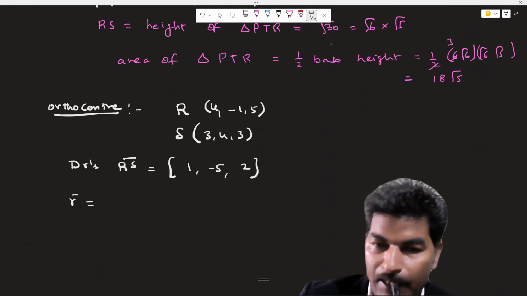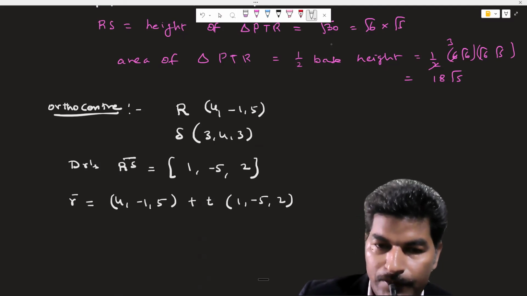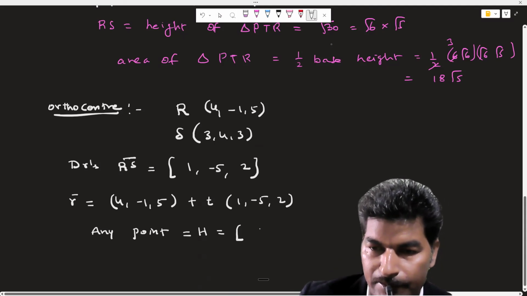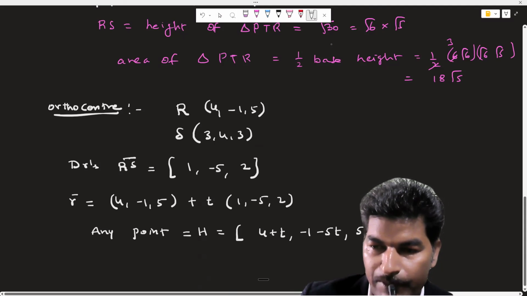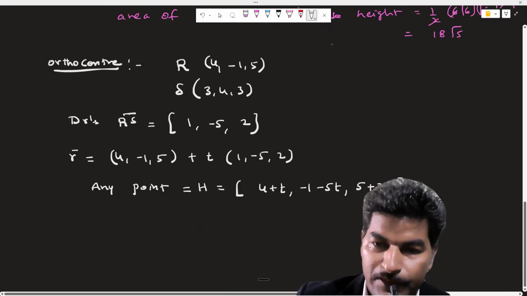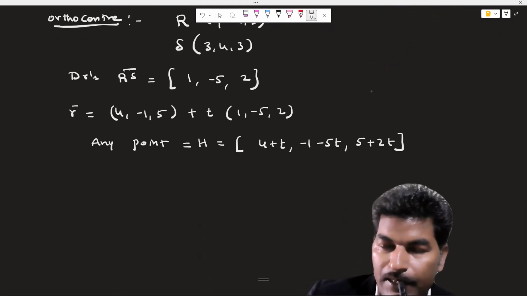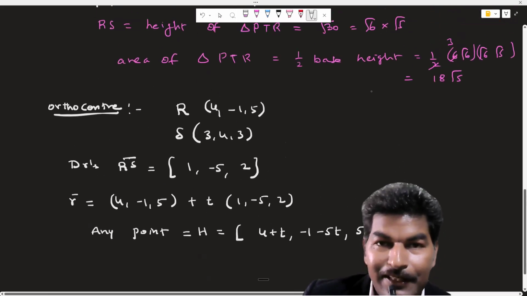The line equation of RS will be r equals (4, -1, 5) plus t times the DRs (1, -5, 2). So any point here, meaning orthocenter H, can be written as (4 plus t, minus 1 minus 5t, 5 plus 2t). Okay, clear?